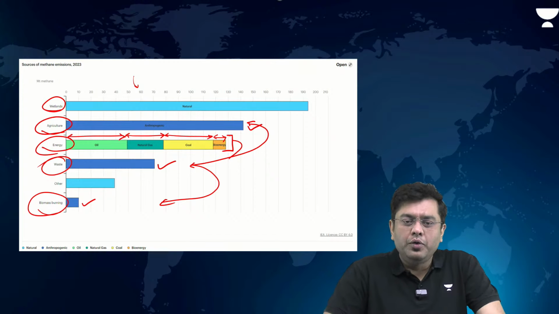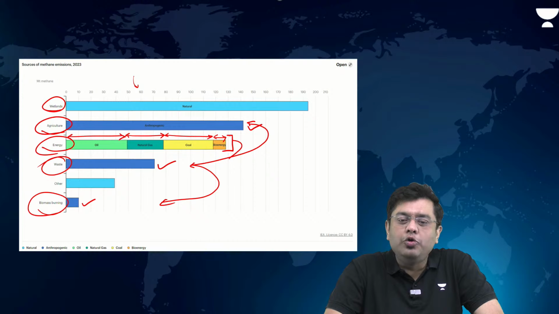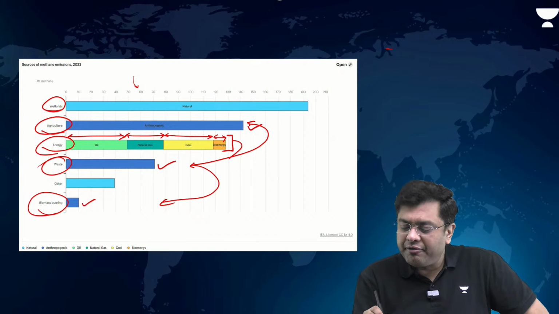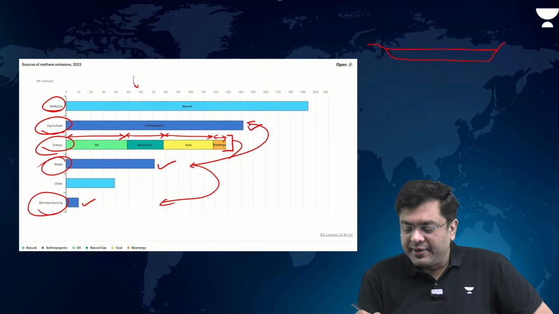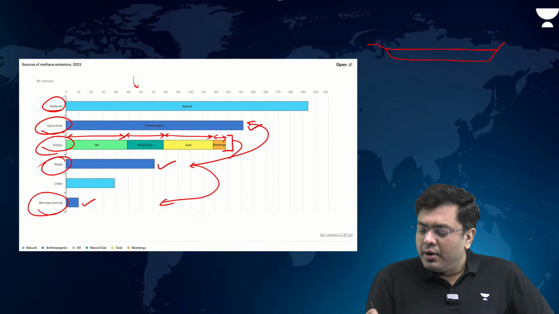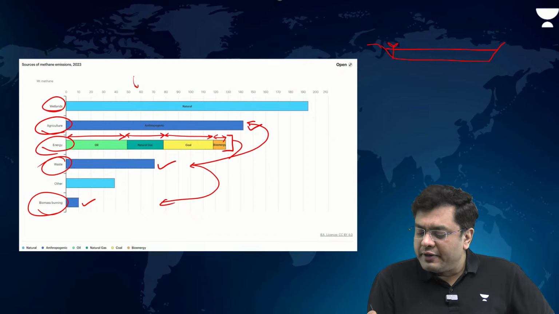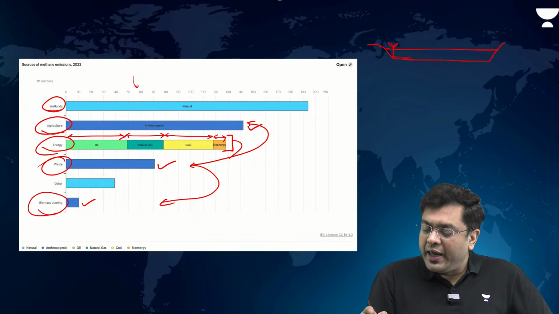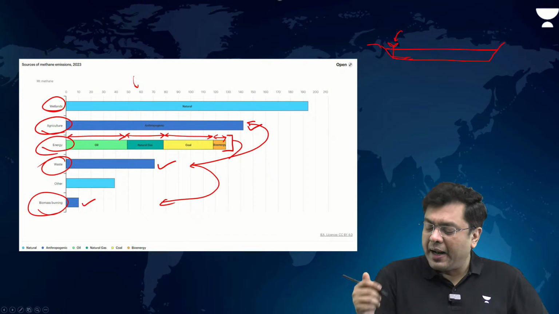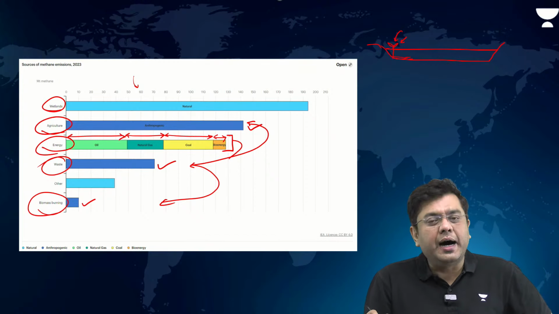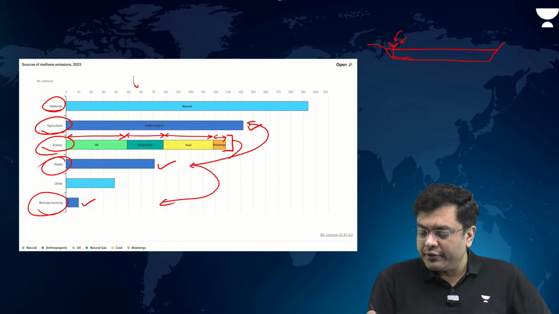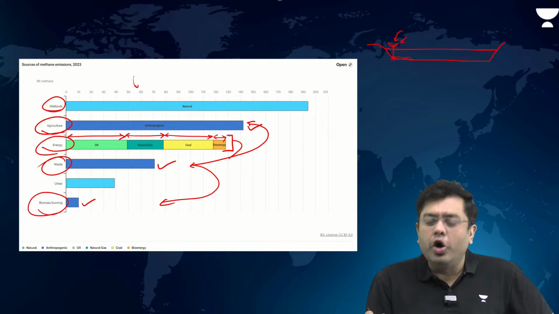Now, how do wetlands produce methane? Wetlands are natural water bodies, many times artificial as well, where you have terrestrial plants too. Many of the plants get submerged. If the plant dies, or even while it is functioning, the plant captures carbon dioxide in the process of photosynthesis and produces organic compounds.